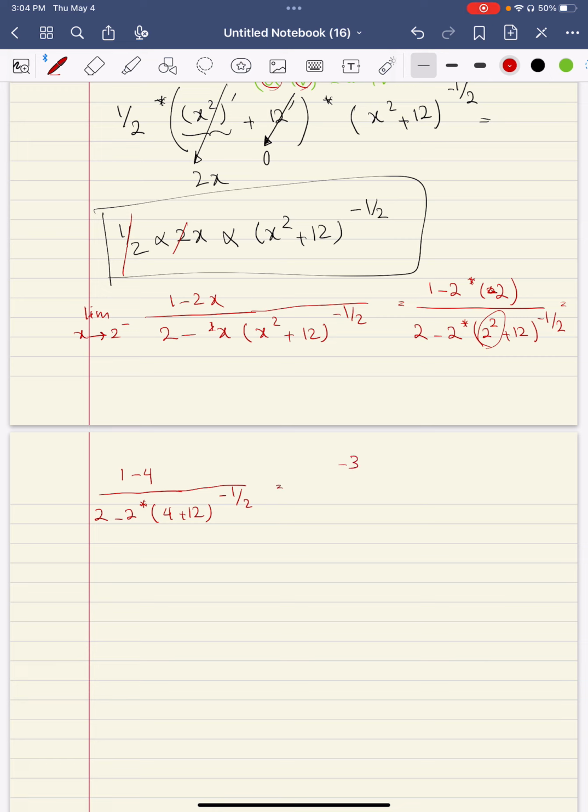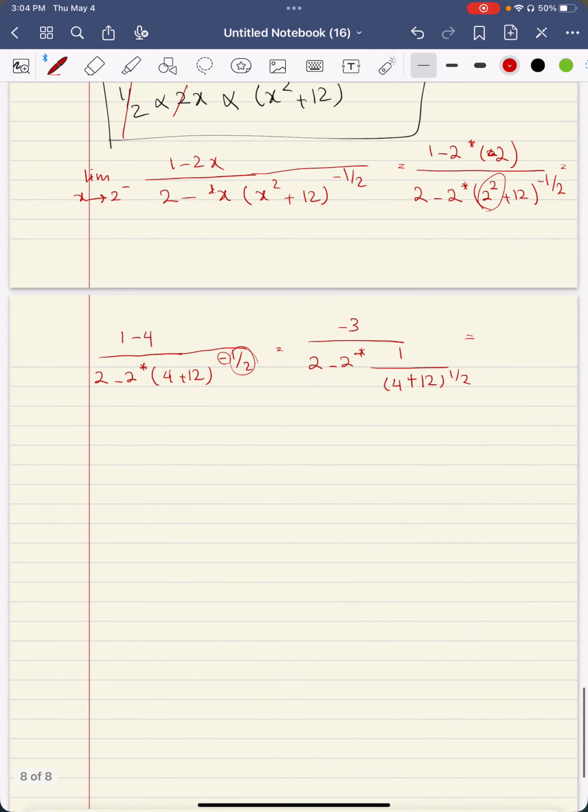The numerator is negative 3, and the denominator is 2 minus 2 times, so I have a negative power. For the negative power, I can do 1 over, right? And again, I have 1 over 2 as the power. I can write it as the root of 4 plus 12. 4 plus 12 is 16. Root 16 would be 4.